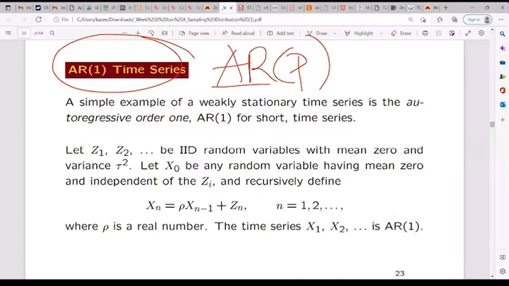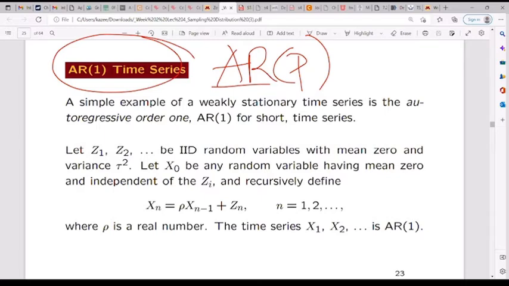If I relate what happened today with what happened yesterday and the day before yesterday, I'm basically talking about an AR of order 2, an autoregressive model. We are basically going into the past. We are looking at the relationship between the current value of the series with the past. That is exactly what we're trying to do.